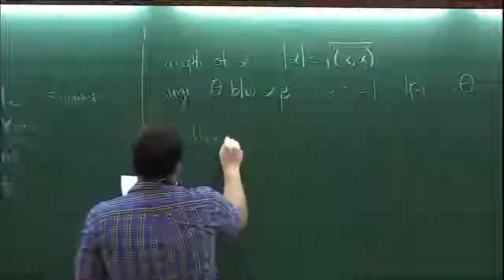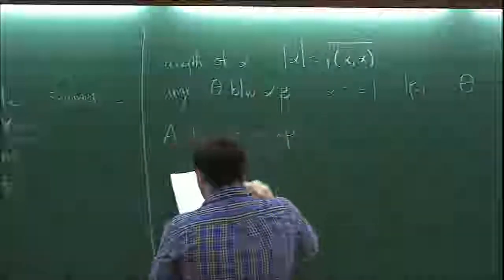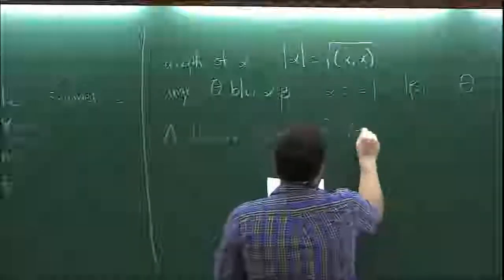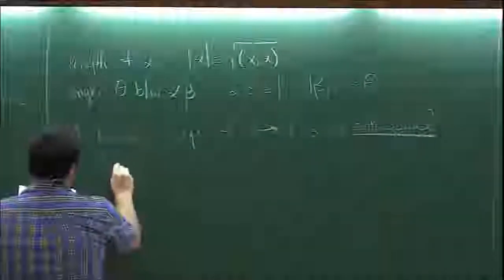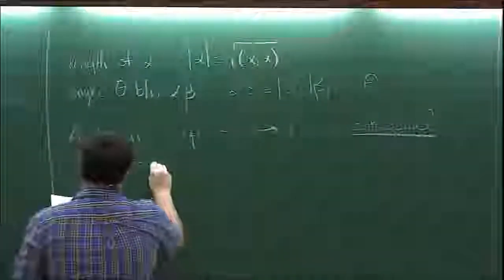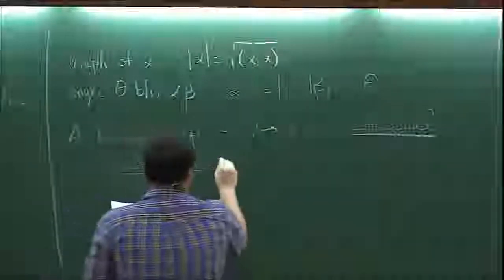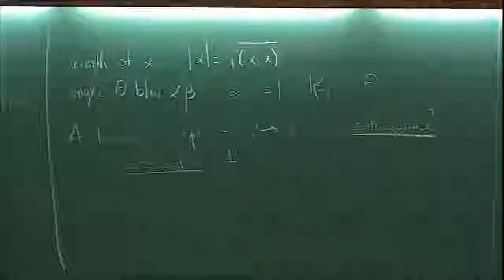So almost done with this recap of linear algebra. So a linear map phi from V to V is an orthogonal transformation if this map preserves this bilinear form.